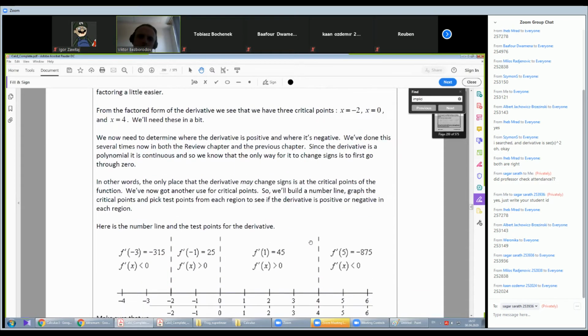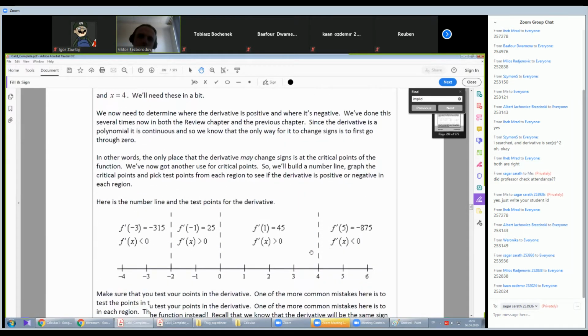Now what we do next is illustrated by this picture. So you have those three critical points, -2, 0, and 4.